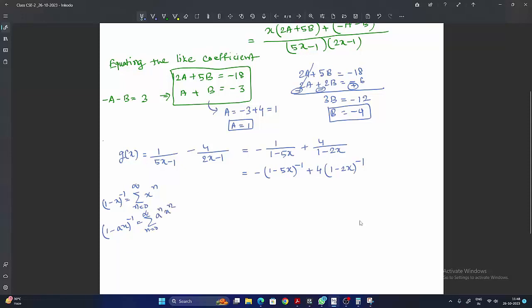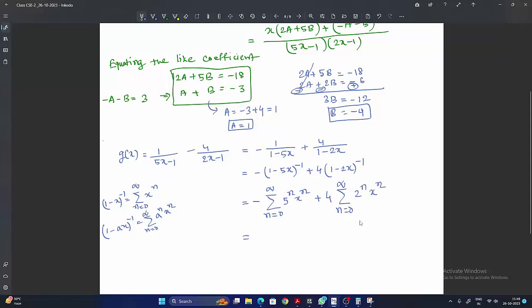So here also you will get minus the sum over n from 0 to infinity of 5 to the power n x to the power n, plus 4 into the sum over n from 0 to infinity of 2 to the power n x to the power n.